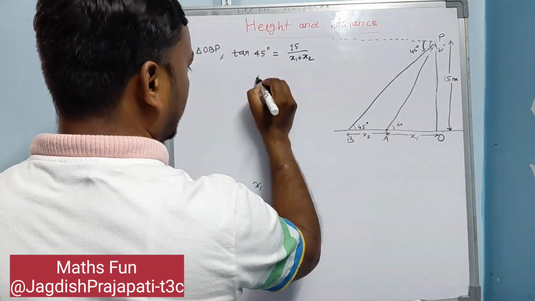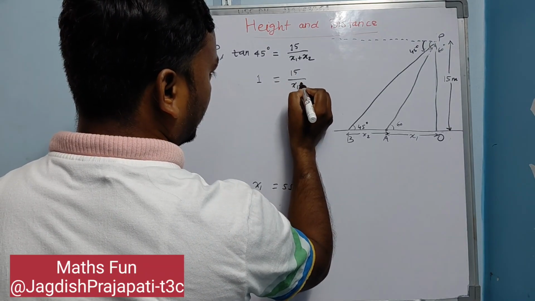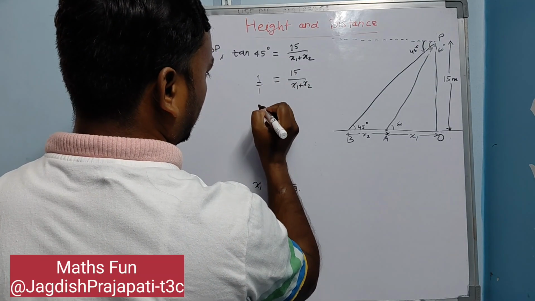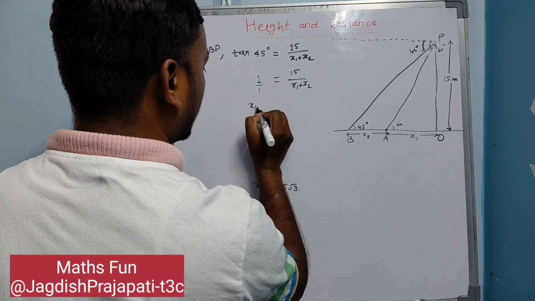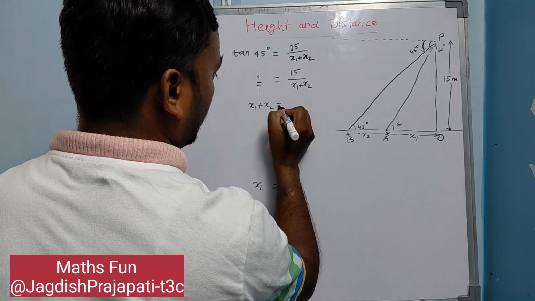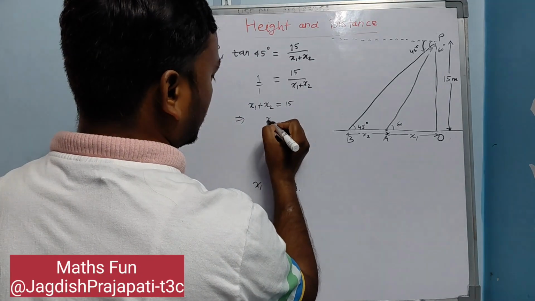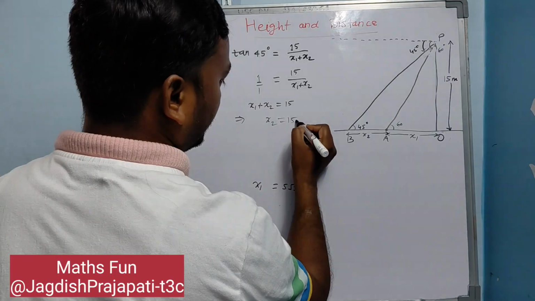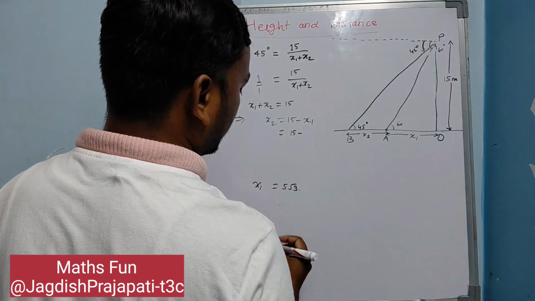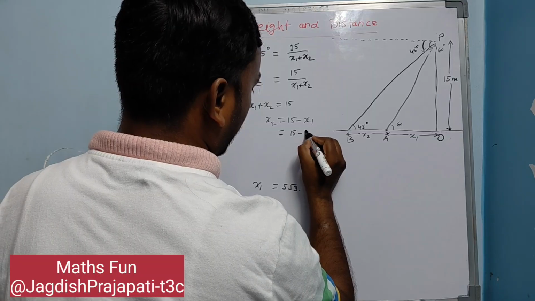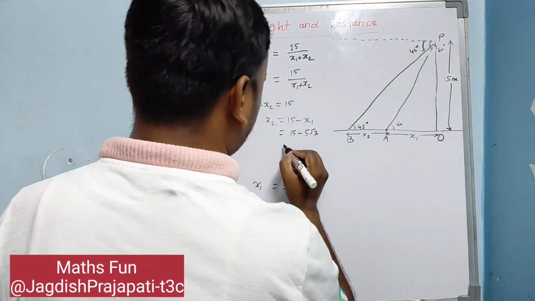So tan 45 is 1, 15 by x1 plus x2. For cross multiplication we can write it as x1 plus x2 equal to 15, or this implies x2 equal to 15 minus x1. 15 minus x1 is 5 under root 3.